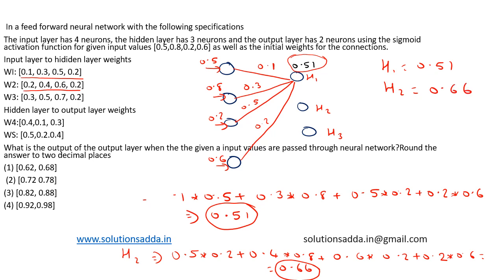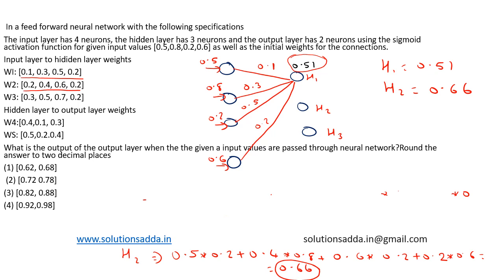Now let's calculate the value of H3. H3 also can be calculated in a similar way. H3 is equal to 0.3 into 0.5, plus 0.5 into 0.8, plus 0.7 into 0.2, plus 0.2 into 0.6.